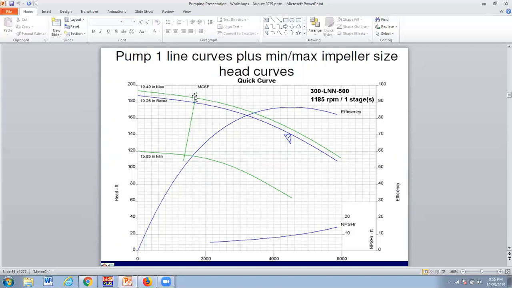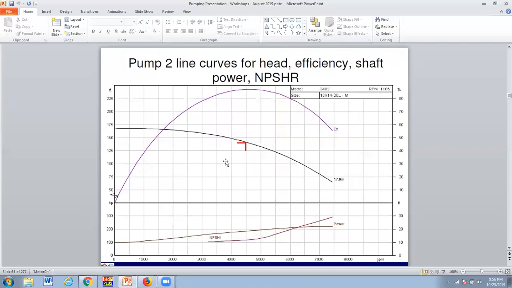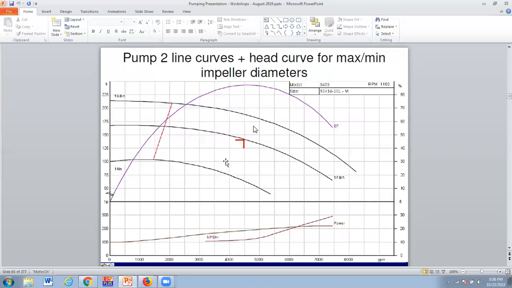I'm forgetting, but anyway, that's the minimum flow that you should operate this pump. If you operate to the left of it, it's not going to be good for the pump and not probably going to be terribly stable or efficient. So some manufacturers put those lines on there and some don't. You see it here, they don't even tag it. They just put that little line back there and you're supposed to know what it means.